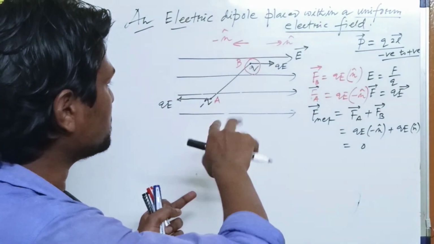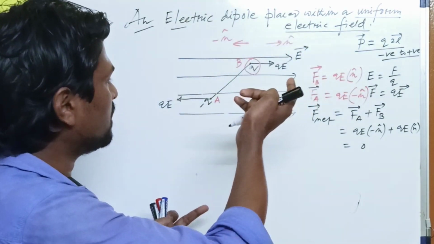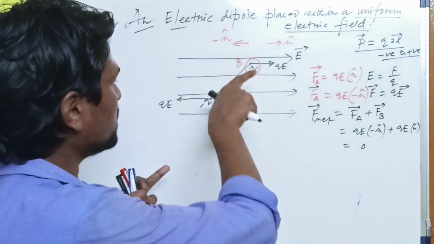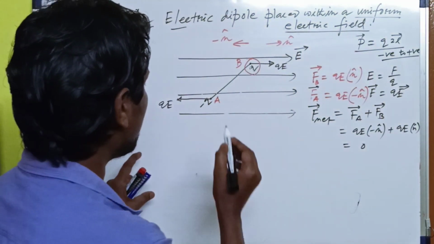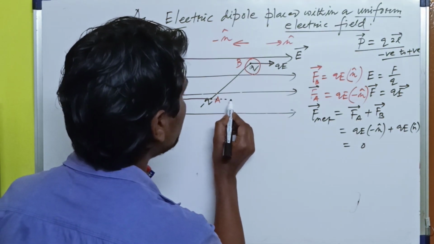So it can rotate in the clockwise direction, because qE acts along this direction and this direction. Then the question arises, what is the value of this torque?